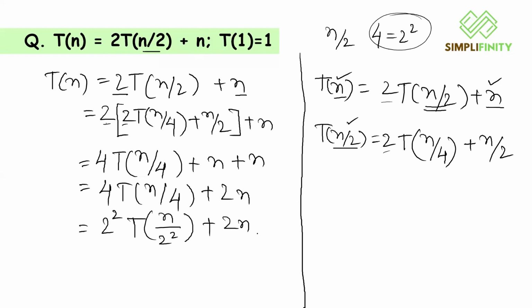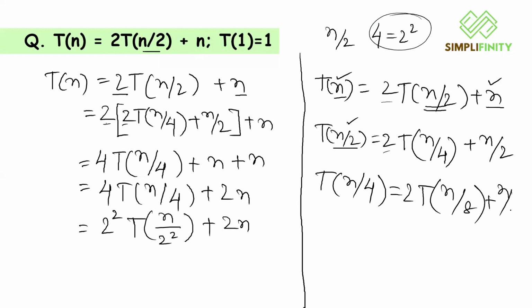It remains as it is. Now we will solve for 2T of n by 4, which is 2 multiplied by T of n by 8 plus n by 4. So the same thing, 2 to the power 2, 2T of n by 8 plus.